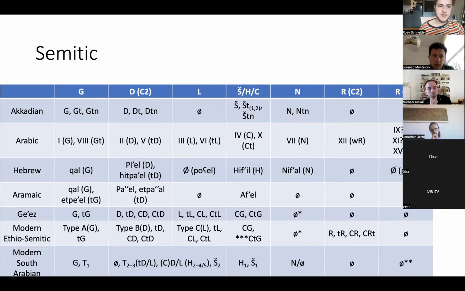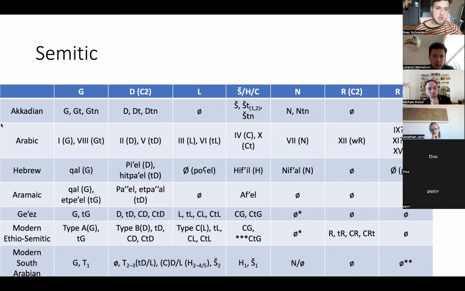So we have the GT. So we add a T to the stem and we have a new stem. And the T usually means either passive or reciprocal or reflexive.